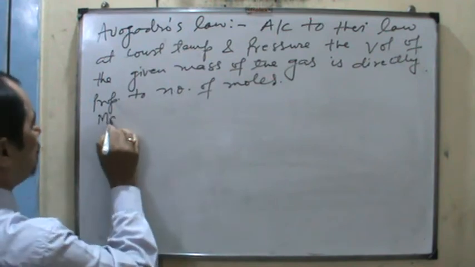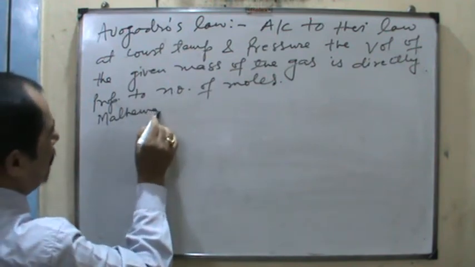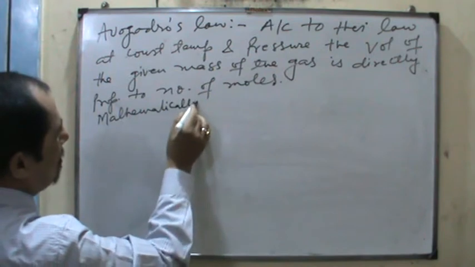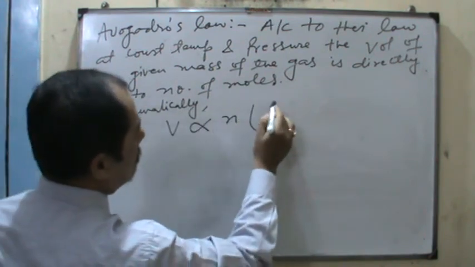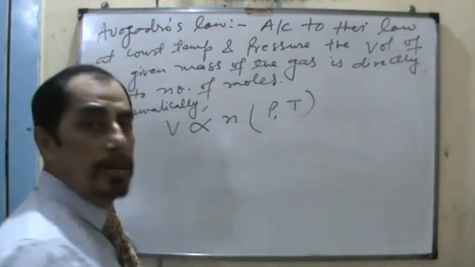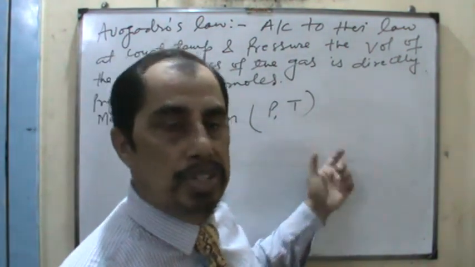Mathematically, volume is directly proportional to the number of moles at constant pressure and temperature.